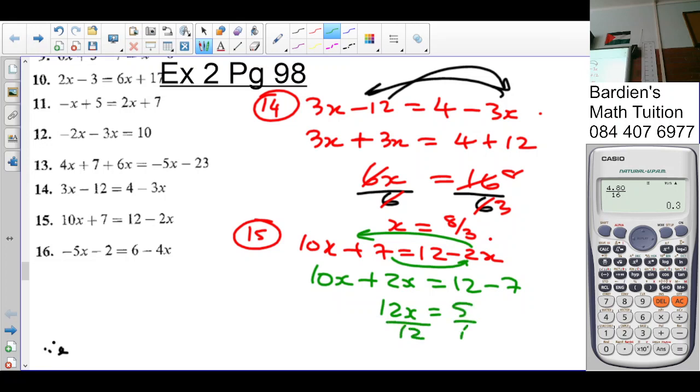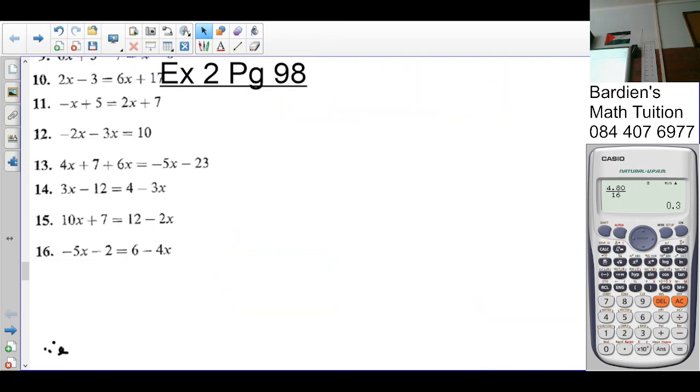You are one of the people I just said now, you have a number line but are not using it. Okay? Don't use your head. Use the number line. Okay, next.